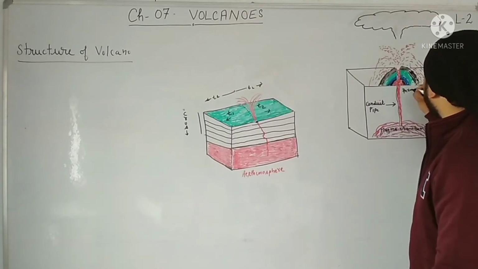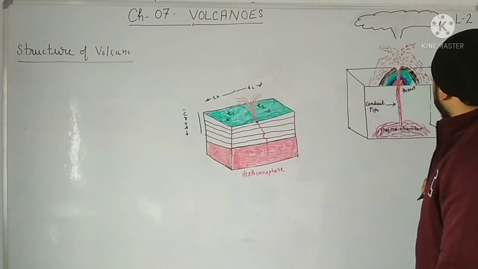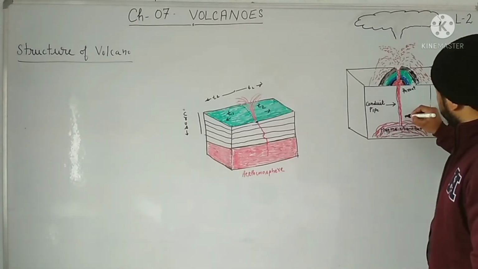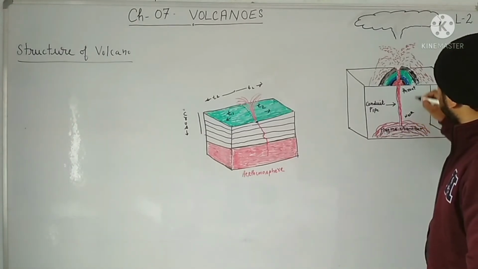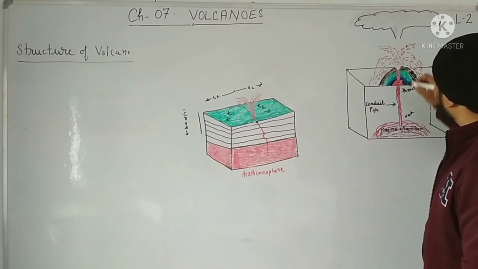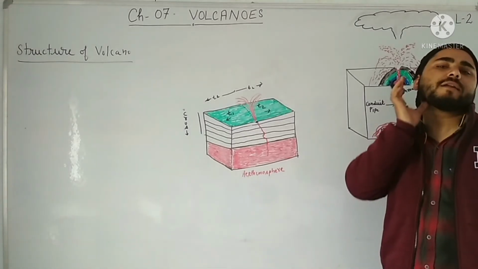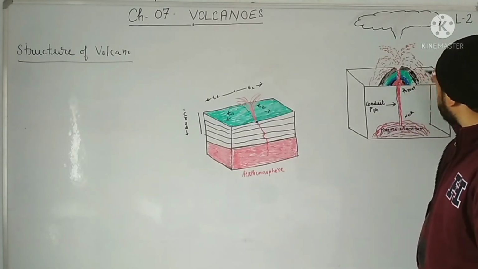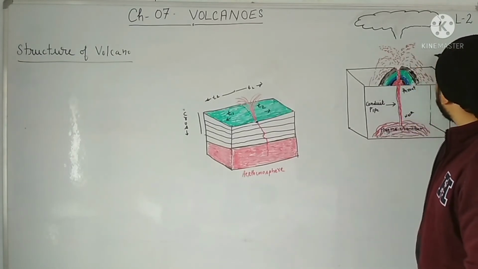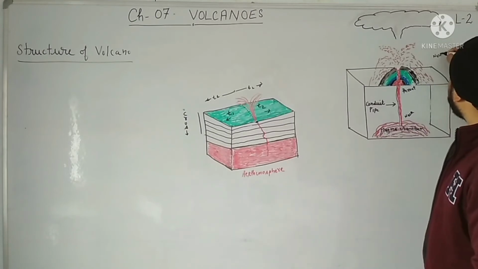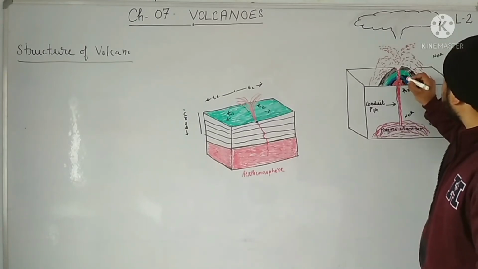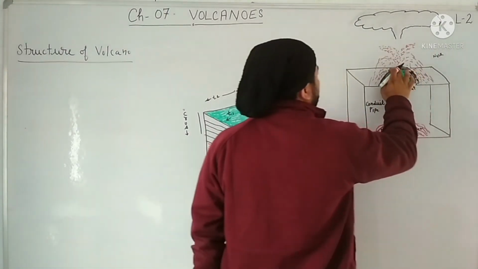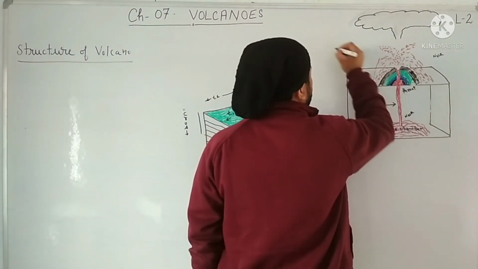And this region is called neck, here also and here also. Neck starts from here to here. So this entire region from here to here is called neck also. And this opening is called vent.